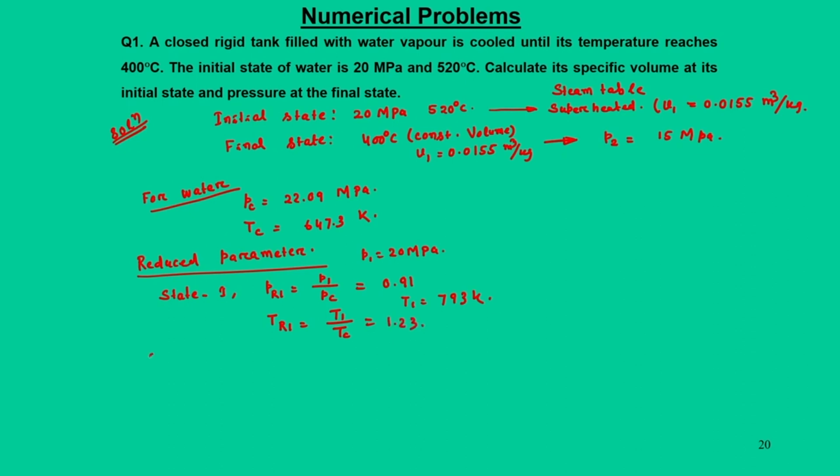So, we have the state coordinates PR1, TR1, and we apply them to the generalized compressibility chart. This gives the value Z equal to 0.83, and Z is nothing but P1 V1 by R T1, equal to 0.83.